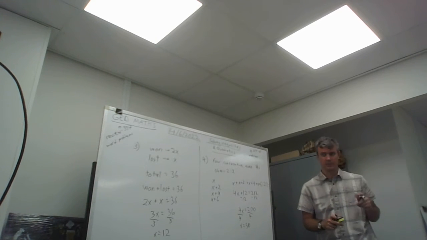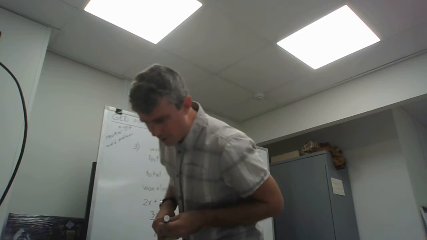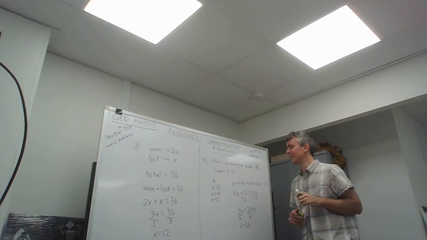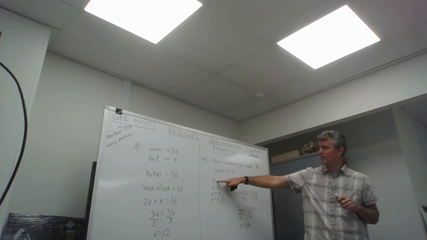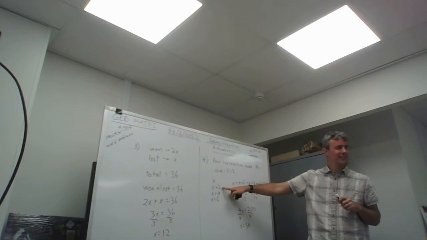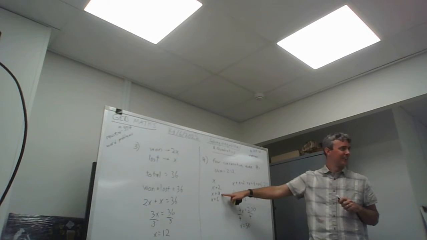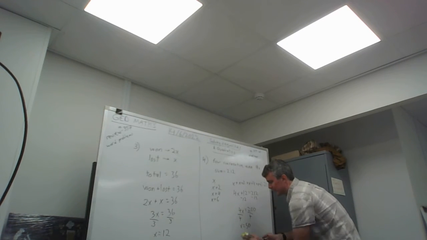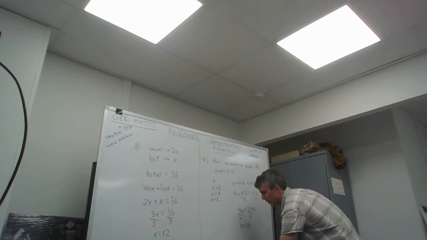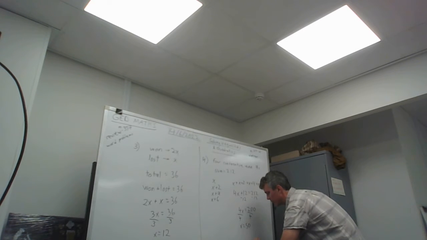Now is that the answer to the question? No, that is not the answer. It wants to know what is the third number. So this is the first, this is the second, this is the third. The first number is x, and the third equals x plus 4, which equals 54.